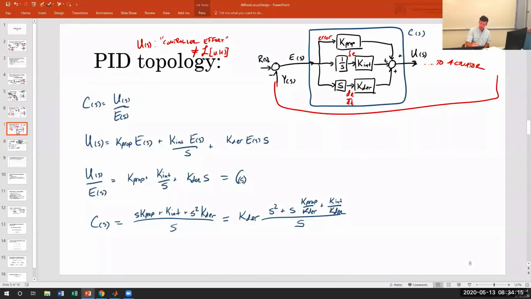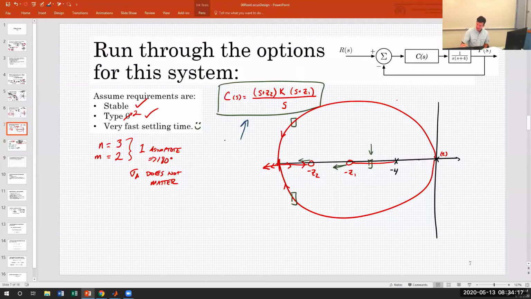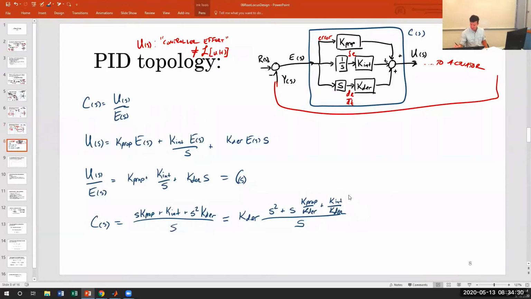So I guess what I'm trying to say is that this is a PID controller. Anytime you see a controller with a single integrator and two zeros, what you're looking at is a PID controller, and the derivation for that is here.